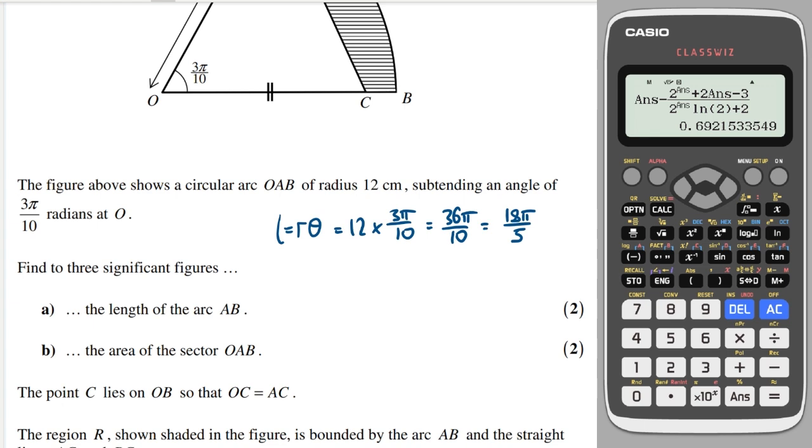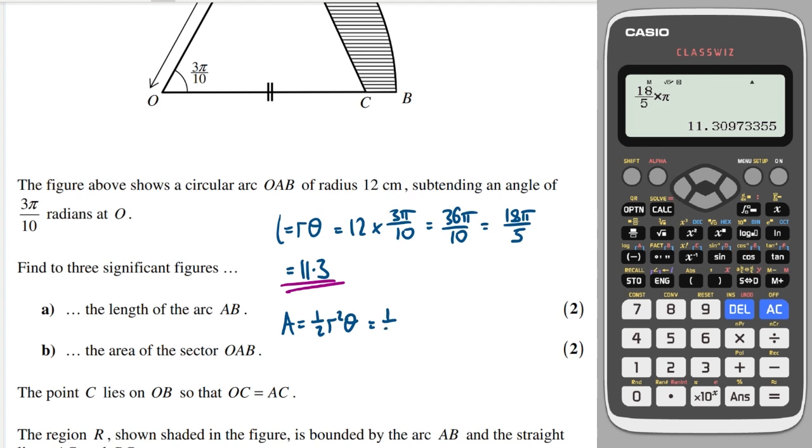And they want that to 3 significant figures, so I'm going to have to use my calculator there. I'll do 18 over 5 multiplied by pi. And I get 11.3. Okay, great. Next, the area of the sector. Well, we know the area of the sector formula is equal to a half r squared theta.